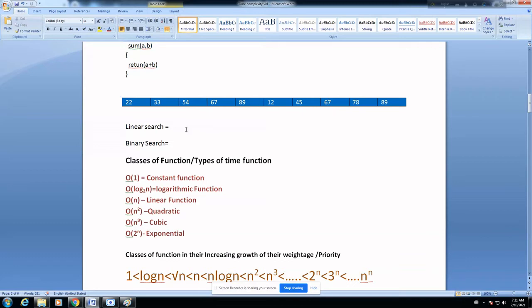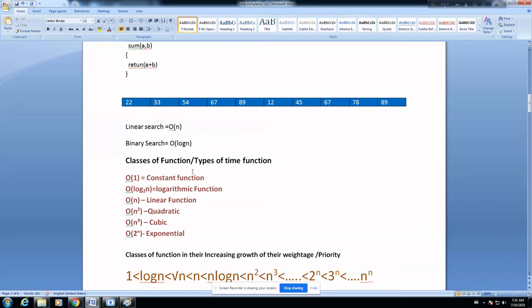If I search this number using the linear way, its time complexity is O(n). But in case of binary search, its time complexity is O(log n). So how do I find this O(n) and O(log n)? This is our main concern. We will discuss these things a little bit later.